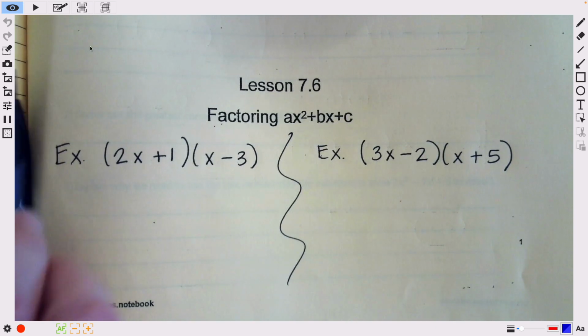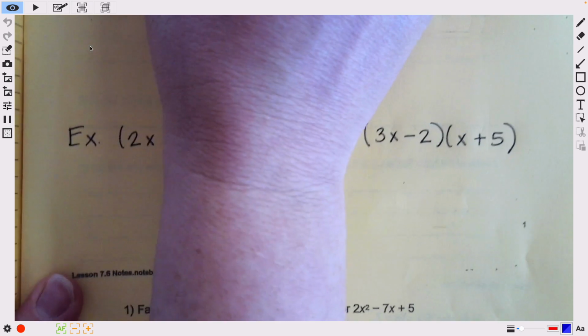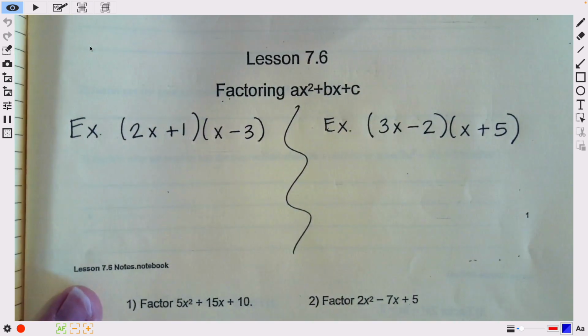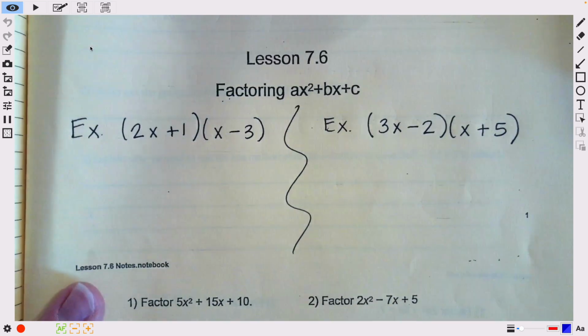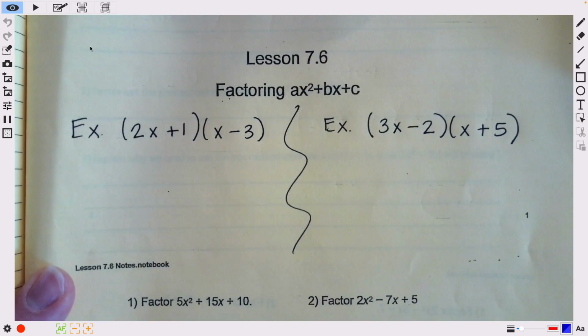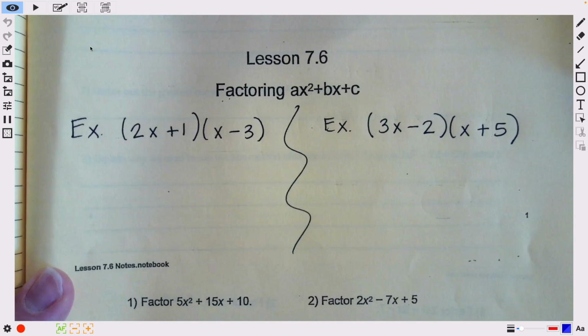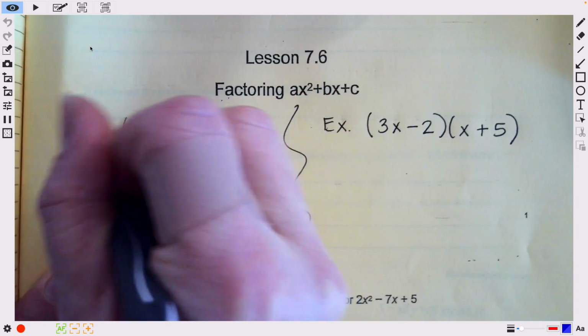Okay, so I'm going to give you guys a second. You don't need to copy my page because you know how to do this. I'm going to ask you guys to go ahead and either do distribution or box method to multiply out your two binomials here. So just take a second and you can do both problems.